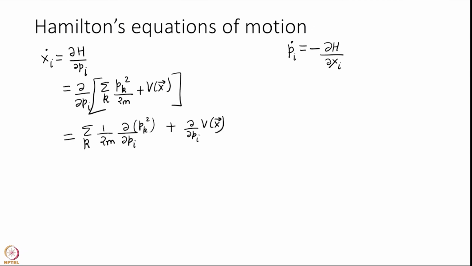The first thing to note is that positions are independent of momentum. Remember, that is one of the properties we mentioned. So, this term is 0. All positions are completely independent of momentum.